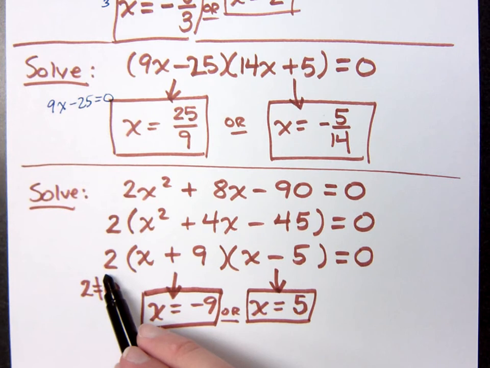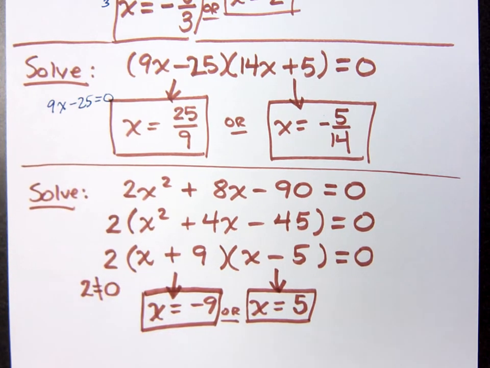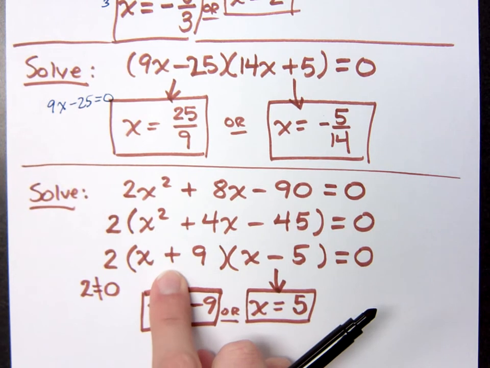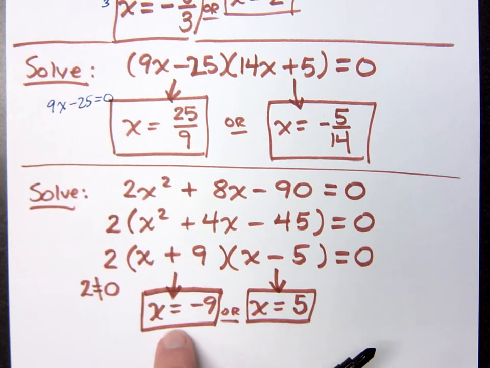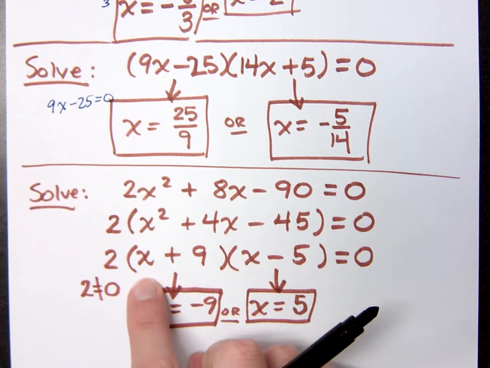Never. 2 is a constant. The value of that factor doesn't change. 2 is always 2, right? So can 2 equal 0? No. Can x plus 9 ever equal 0? Yes, when x equals negative 9, because it has a component that can change its value. It's a variable, x.